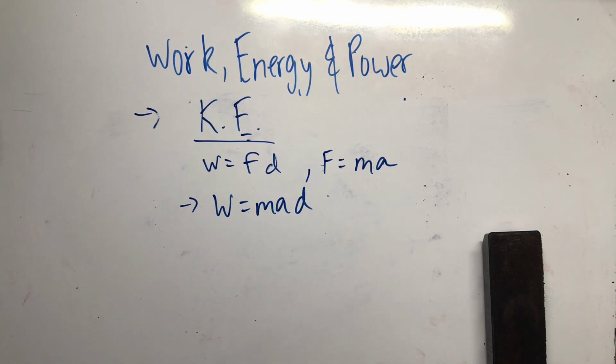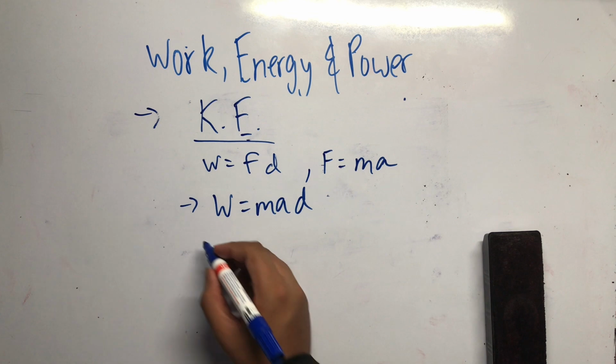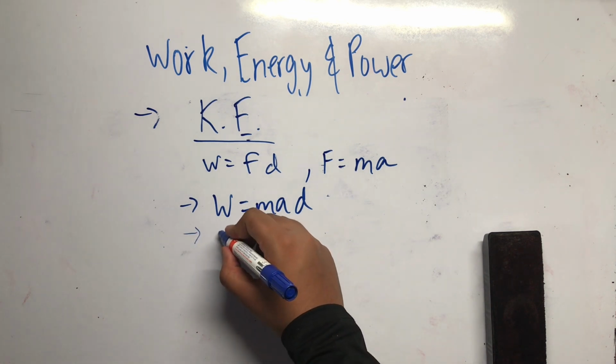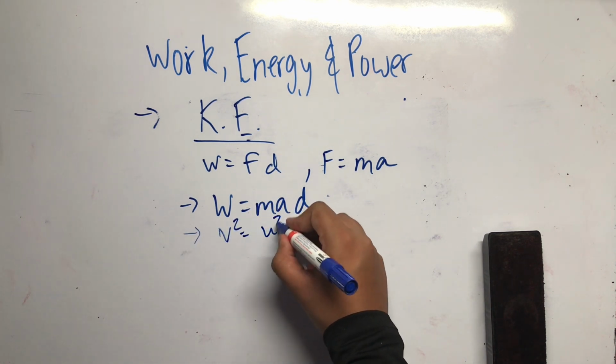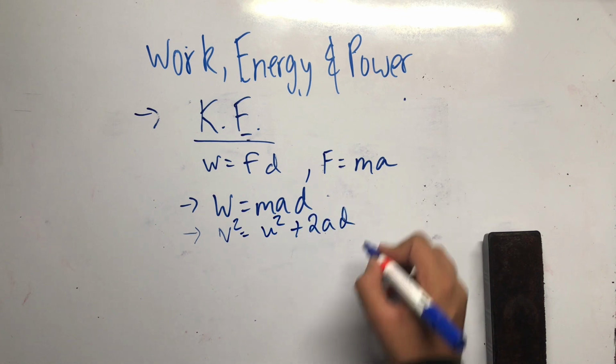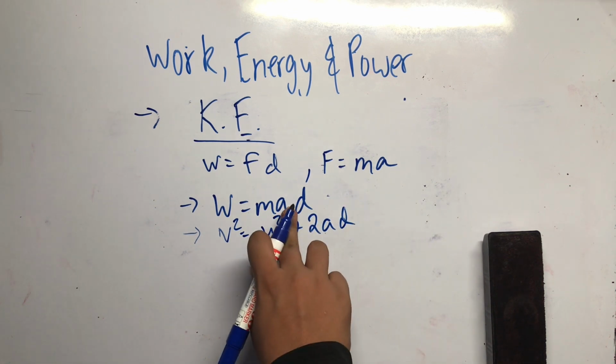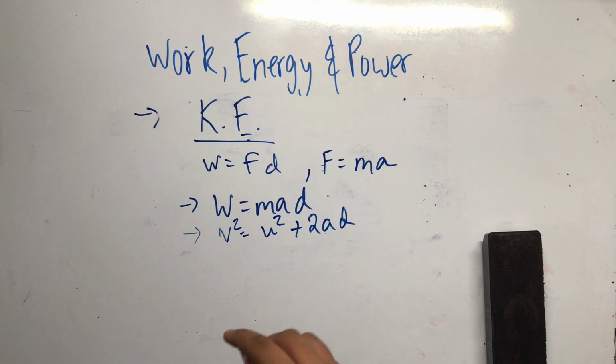We can use our Stewart equation which says that v square is equal to u square plus 2ad. So we have got an ad term in the work equation as well.